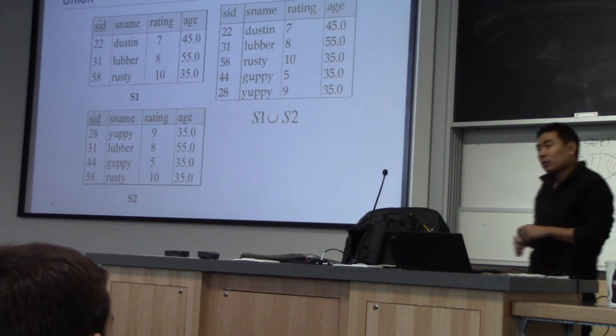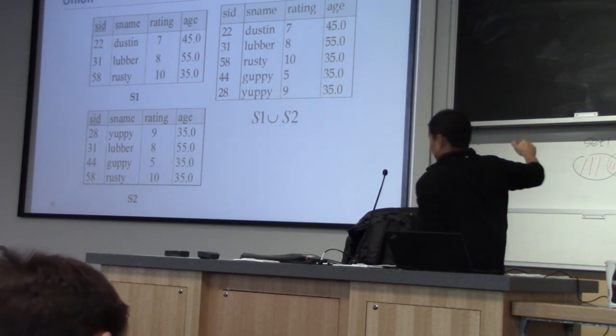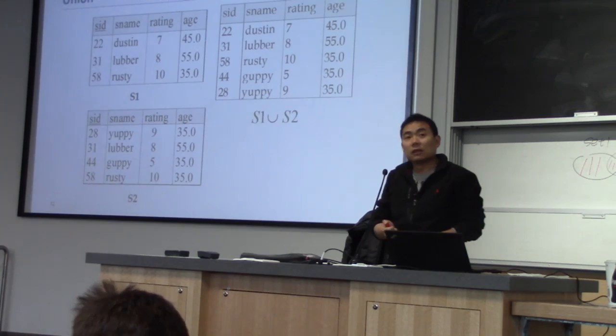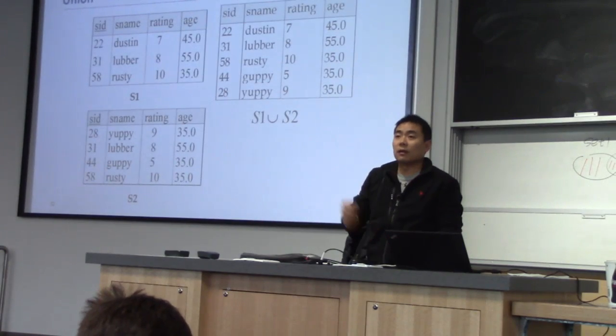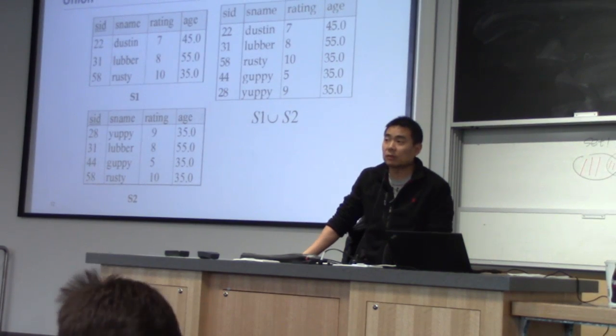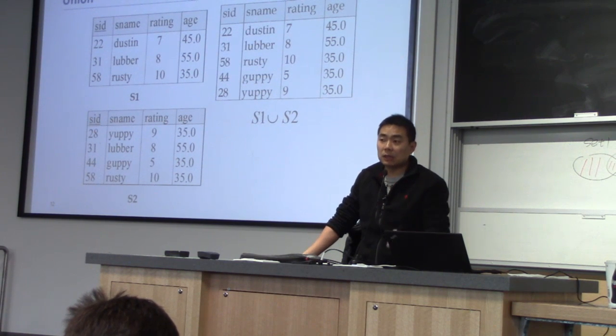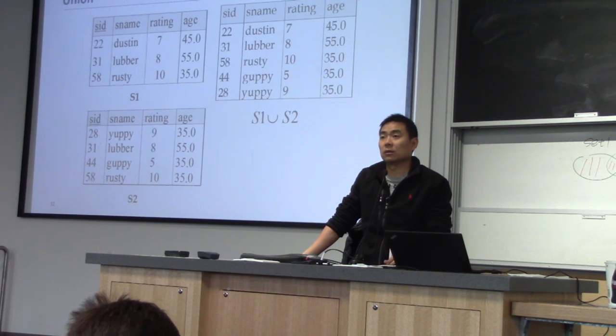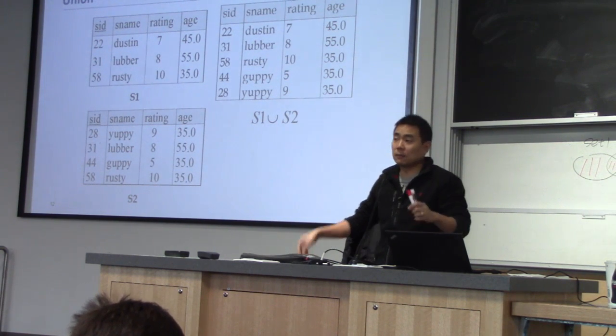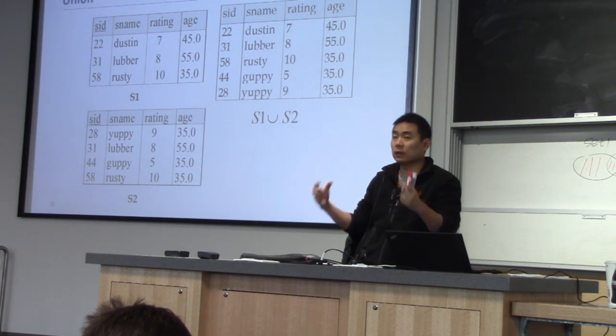Okay? So given this particular illustration, let me ask one of you to answer the following question: do you have to do duplicate elimination for the output of a union operator?